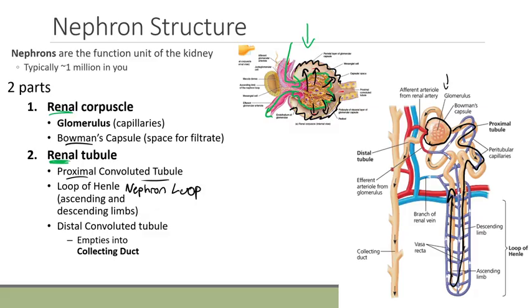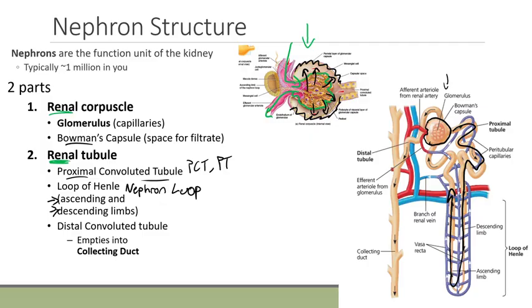The part that goes down is the descending limb. The part that goes back up is the ascending limb. For the sake of it, you can call it the proximal convoluted tubule, you can abbreviate it as the PCT, or you can call it the proximal tubule, or just PT. Those are all totally fine abbreviations. Those are all common enough vernacular that people know what you're talking about here.